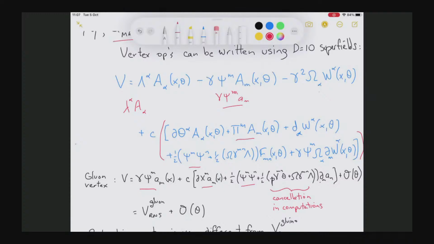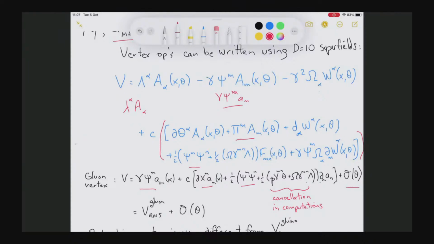That's just because essentially you have 16 capital lambdas, you have 16 thetas. And because these carry the same level, they essentially cancel because you have bosons and fermions which cancel when you do the OPEs. Now there are higher order terms in thetas which will not contribute to the amplitudes, at least if you're looking at gluon tree amplitudes.